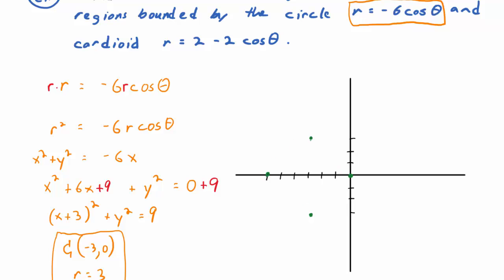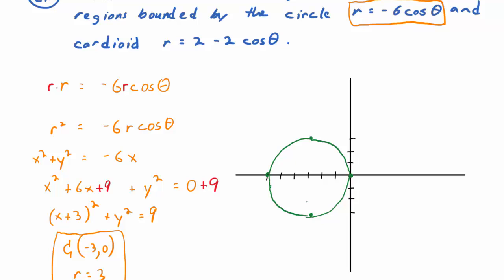Doesn't have to be a perfect circle. Mine certainly is not going to be perfect. Point is, if you're finding an area, you better graph it, just like in rectangular coordinates. So there's your circle. Now for the cardioid.